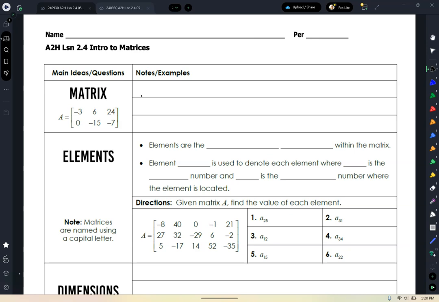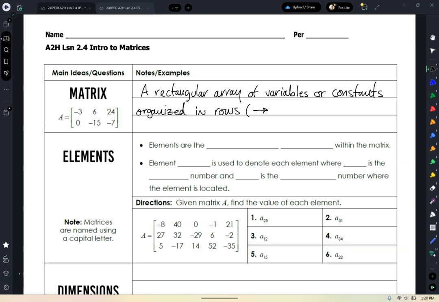Okay, so a matrix, here we go, is a rectangular array of variables or constants organized in rows, which are our left and right, and columns, which are our up and down.